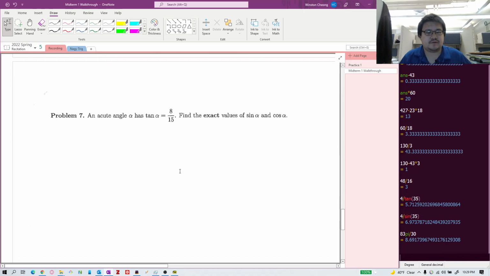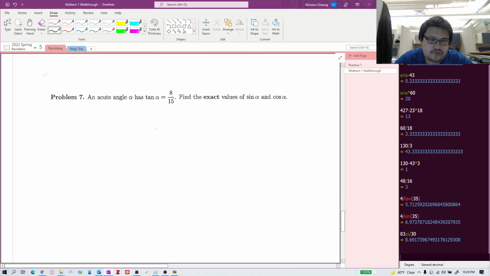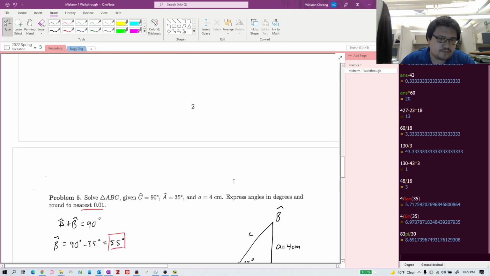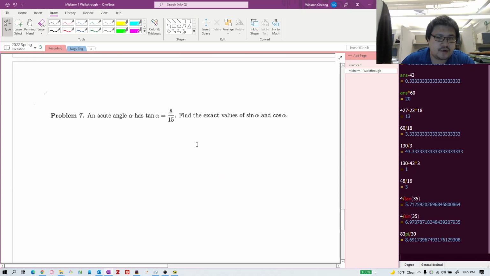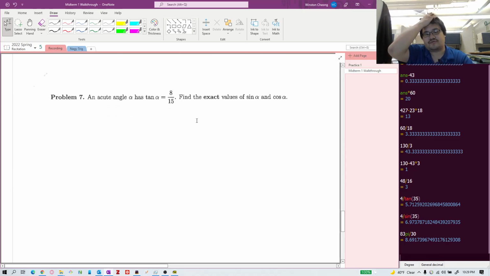Number 7, acute angle. So this is a trig equation, just like the previous problem. I would want to create the triangle that corresponds to this trig equation.